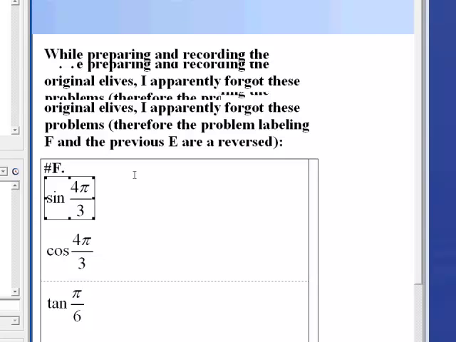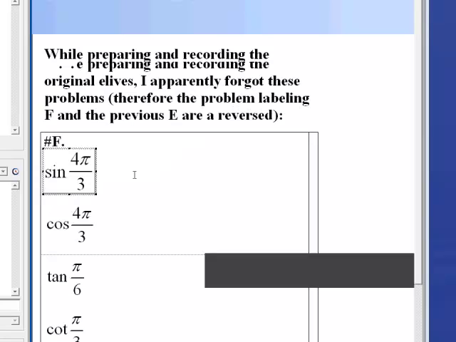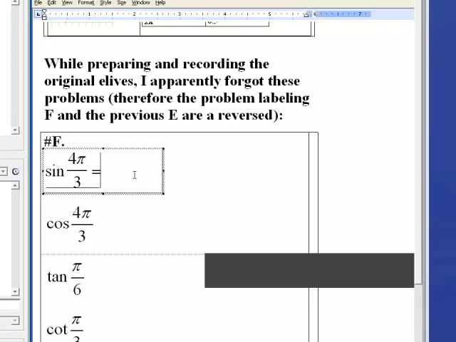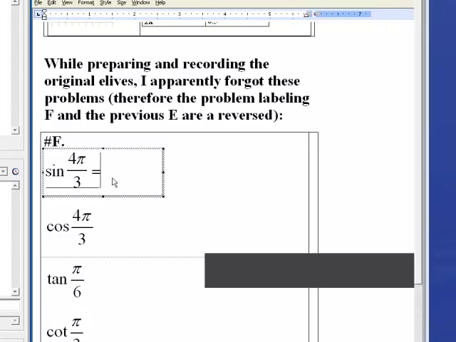So what is sine of 4 pi over 3? Well, the reference angle is going to be pi over 3. So sine pi over 3. The reference angle is always in the first quadrant. The angle 4 pi over 3 is in the third quadrant, where the sine is negative, so I'm going to put a minus in front of that.